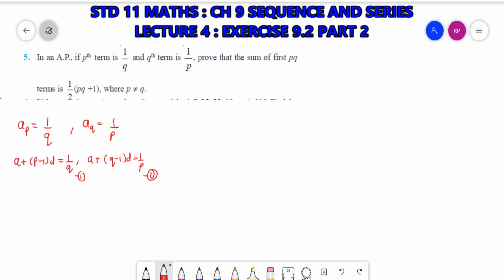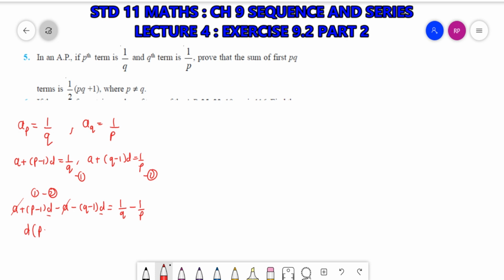Now we'll subtract 2 from 1, meaning 1 minus 2. It will be a plus (p minus 1)d minus a minus (q minus 1)d is equal to 1 by q minus 1 by p. So a will get cancelled. This d is common.